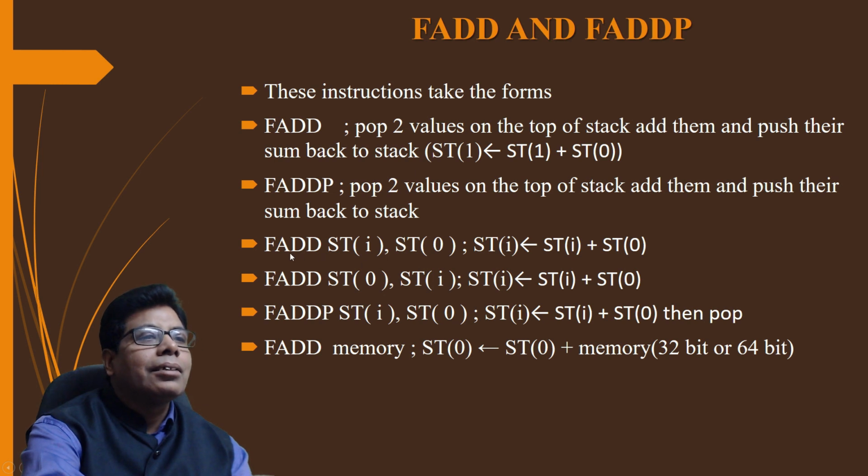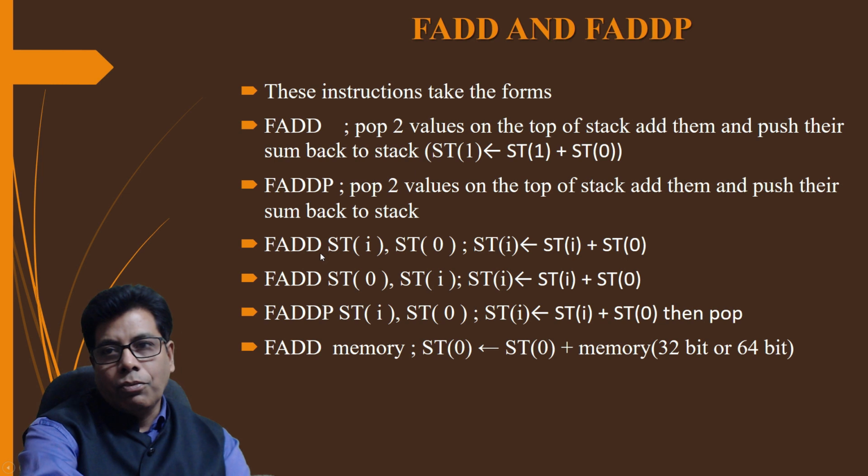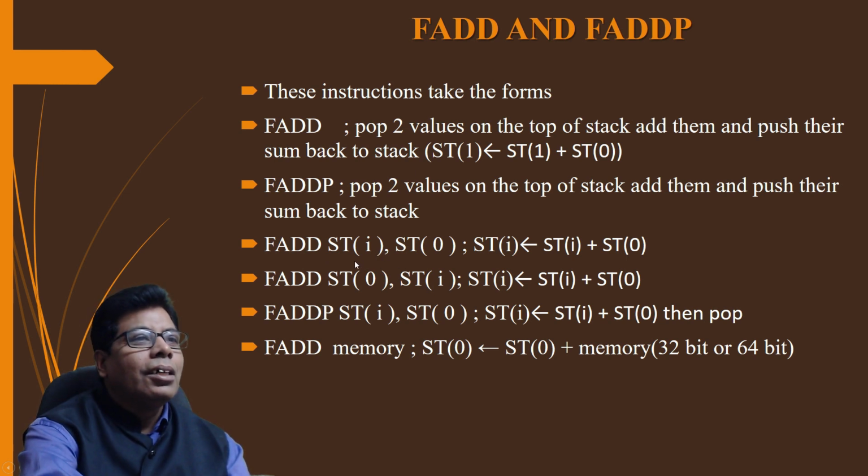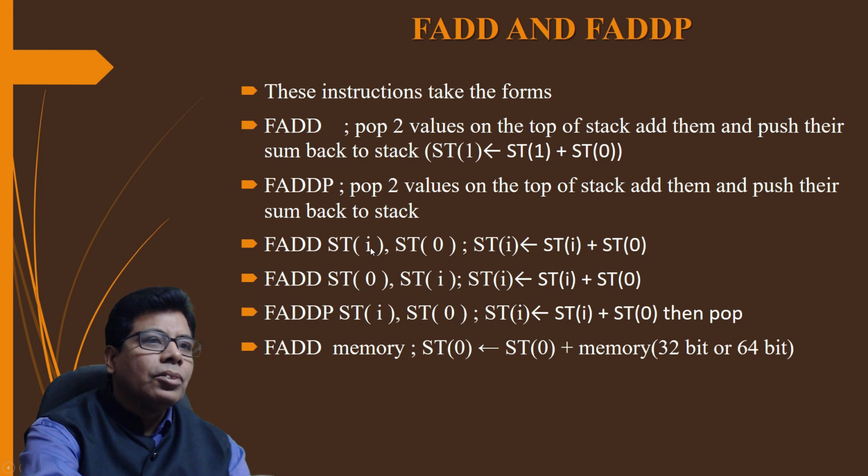Then these are the other forms, that is the register form. Here we are specifying the registers. If you take this, this is the source and this is the destination. So STI, here I can vary from 0 to 7.